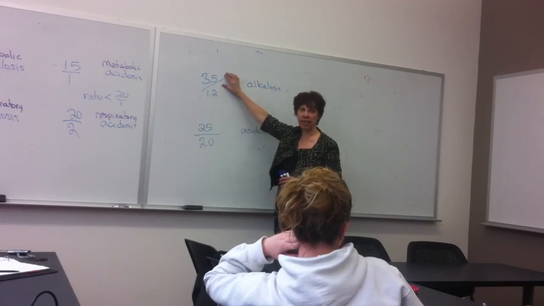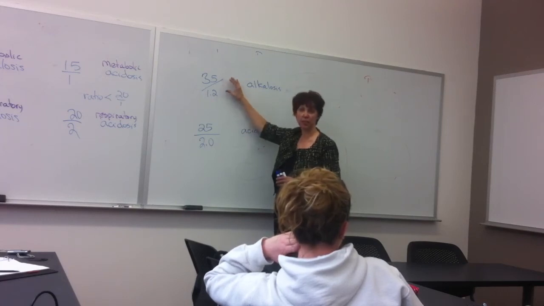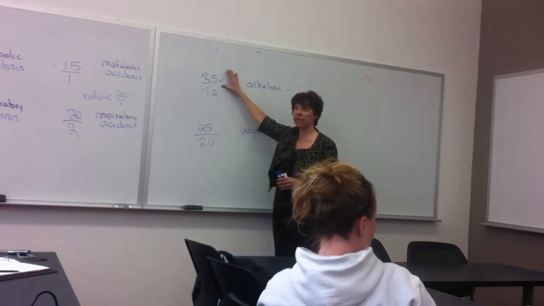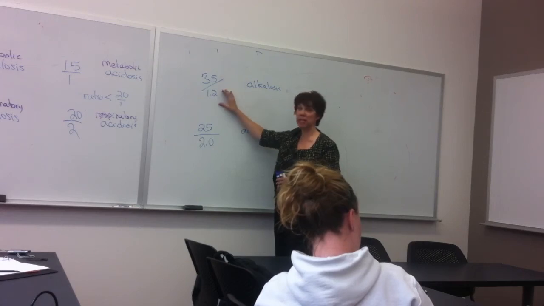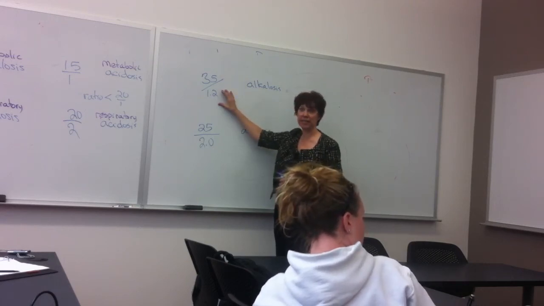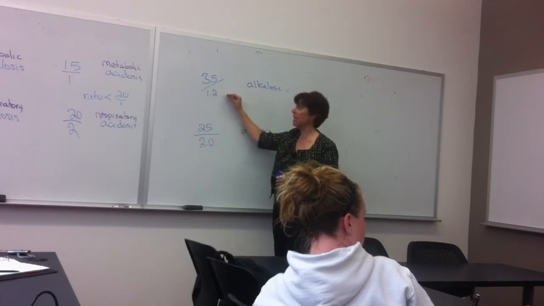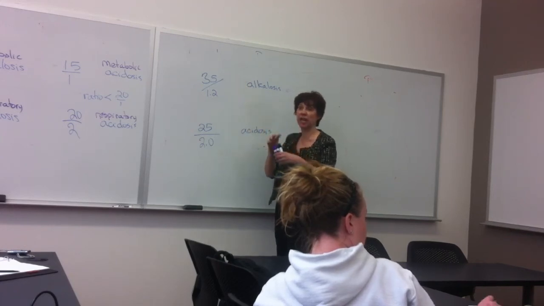This is a 50% change. Okay, actually more than 50%. A 50% change would be 30. So it's supposed to be 20, half again as much would be 30. So it's a 75% increase in my bicarbs. This is only a 20% increase in my carbonic acid. So the one that changed the most is the cause. The other one changed to try to catch up.